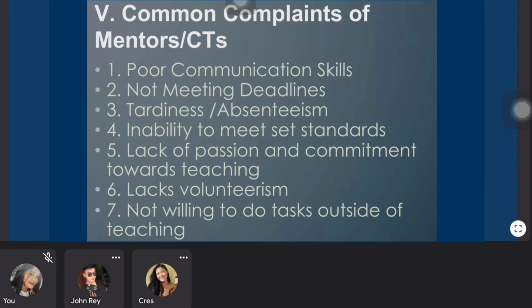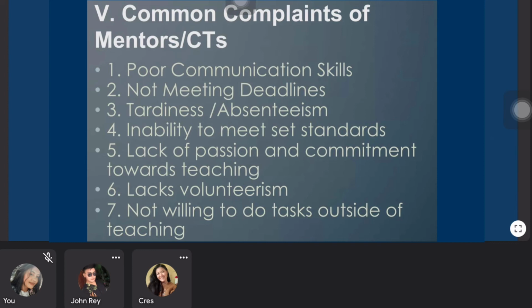So let's proceed to the common complaints of mentors or cooperating teachers. Here are some of the complaints of the cooperating teachers or mentors. First is poor communication skills. Second, not meeting deadlines. Third, tardiness and absenteeism. Fourth, inability to meet set standards.